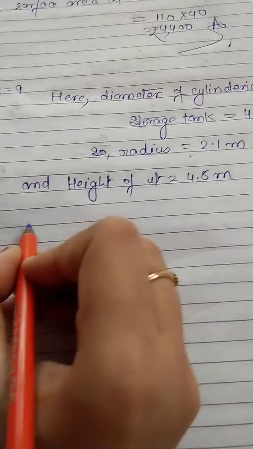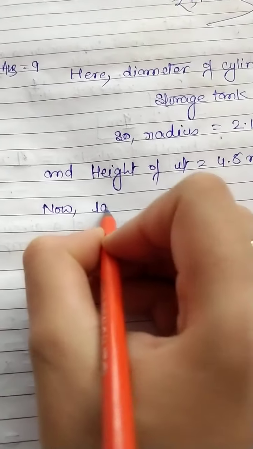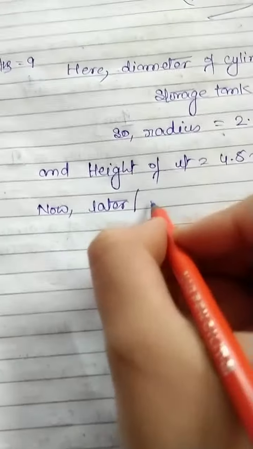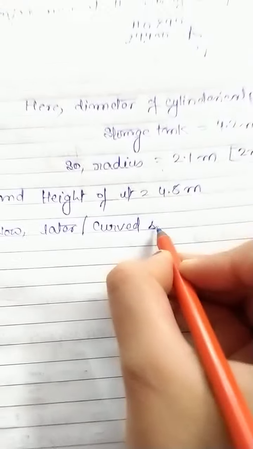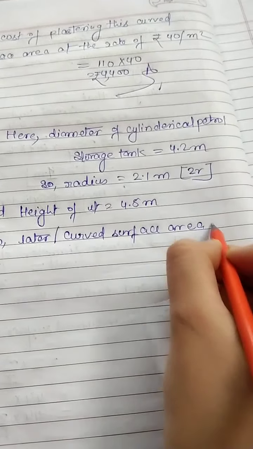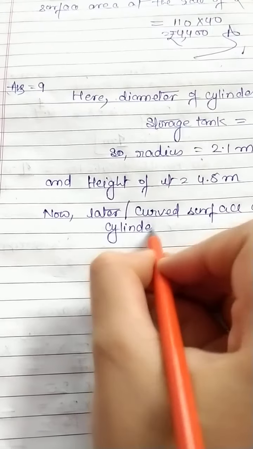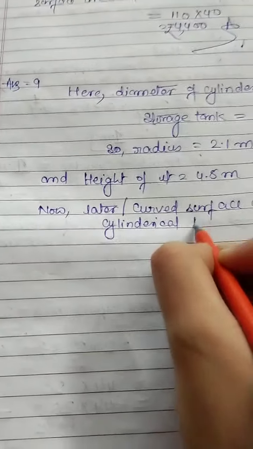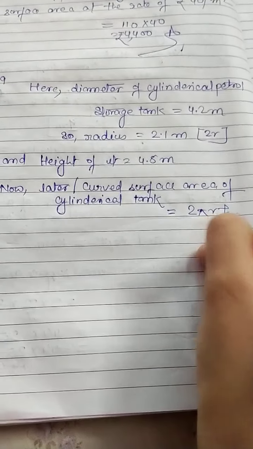Now we have to calculate. Lateral, which is called curved surface area of the cylindrical tank, equal to 2 pi r h.